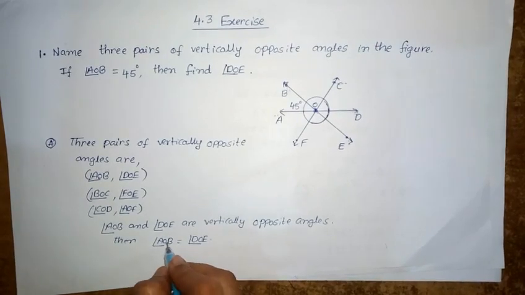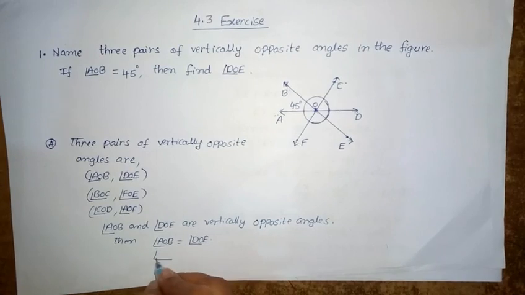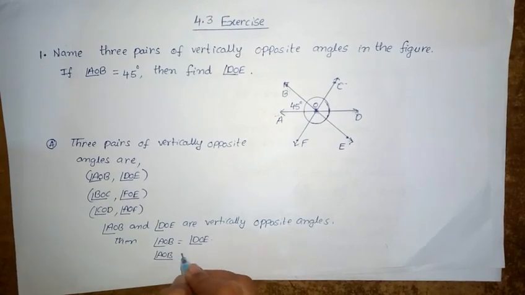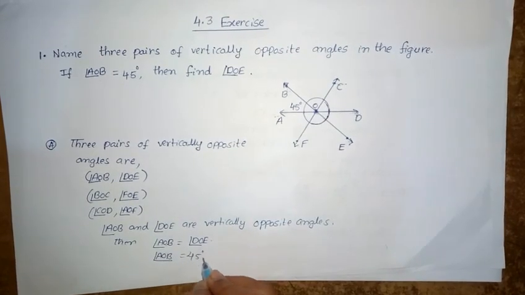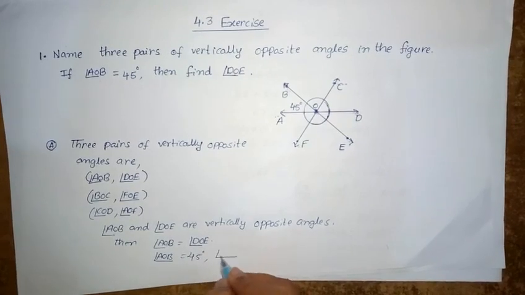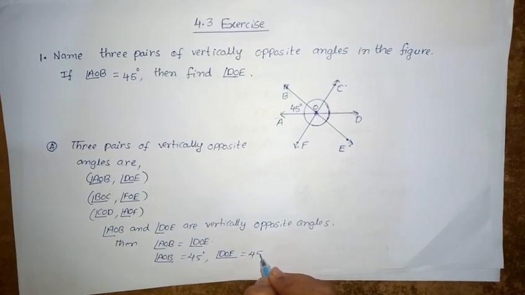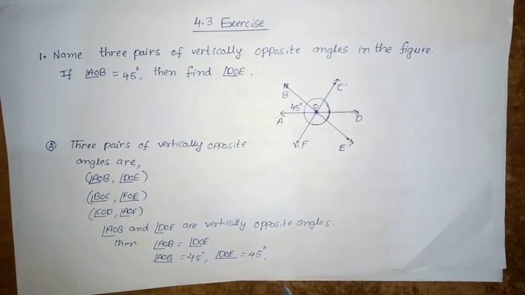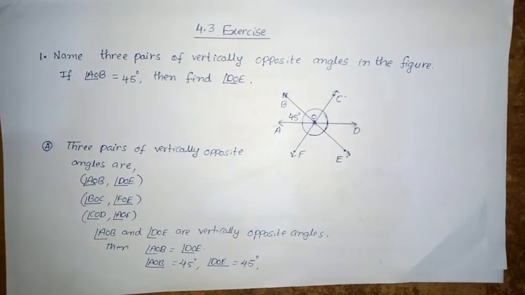Angle AOB is given as 45 degrees, so angle AOB is equal to 45 degrees. Then angle DOE is also equal to 45 degrees. So this is the solution for the first problem.